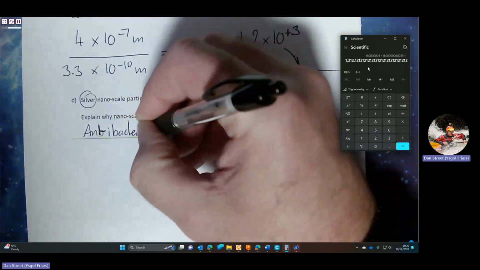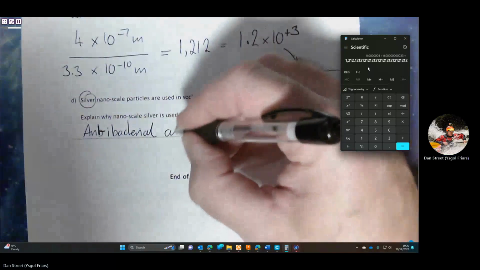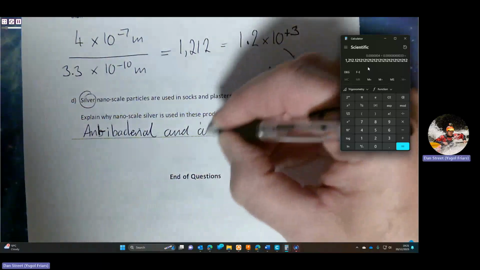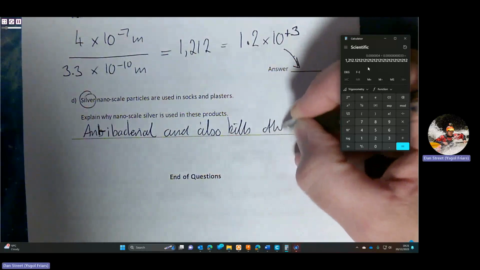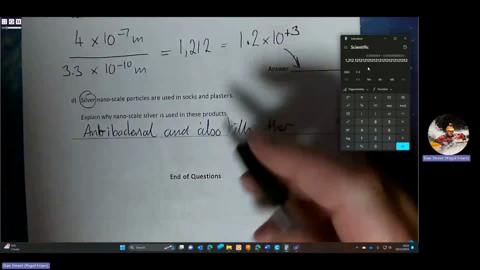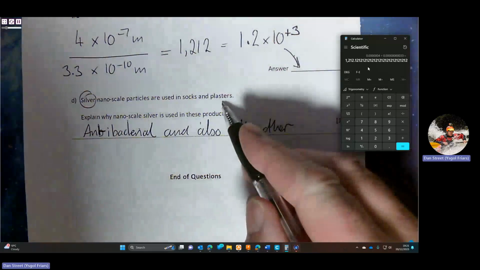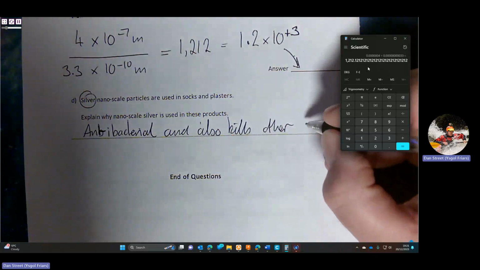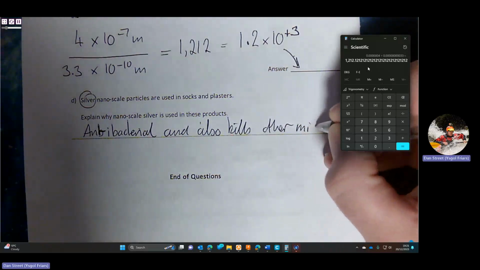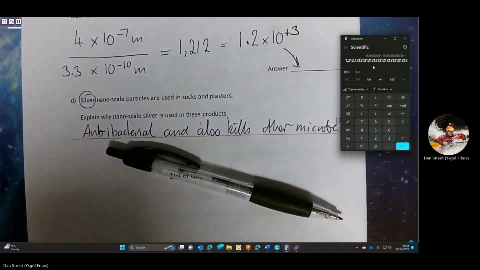It kills bacteria and other microorganisms which cause the smell in socks, but also cause infection in cuts. So your plaster would help to reduce that infection. Microbes. Okay, that's that then.